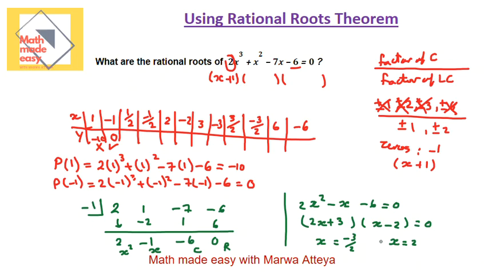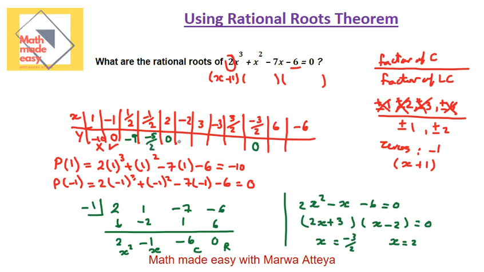Now, if I want to check if my answer is correct, just go through filling the rest of the table. You can test -3/2 and you will get a 0. And you can test 2 and you will get a 0. The rest of the values: for 1/2, it's -9. For -1/2, it's -5/2.